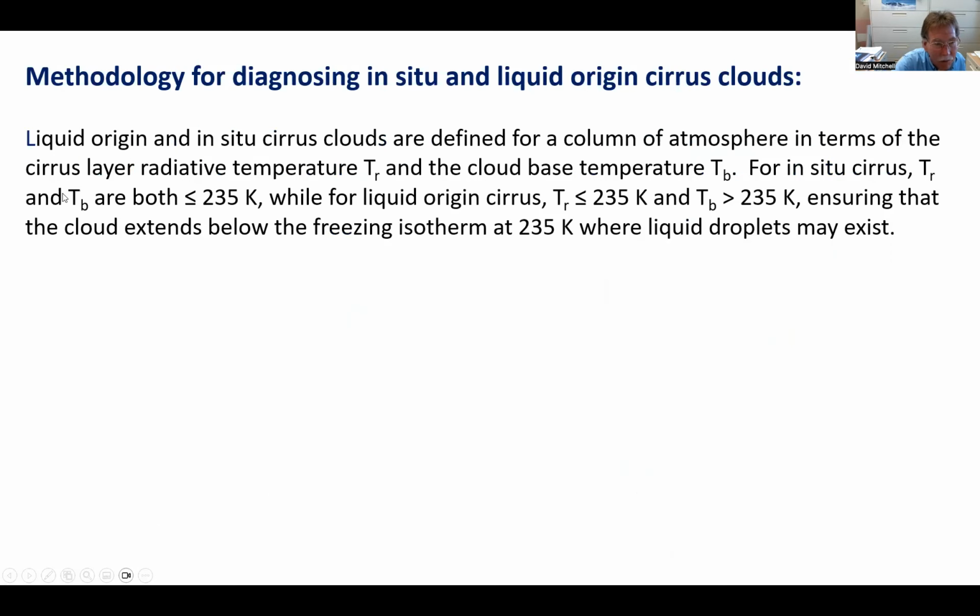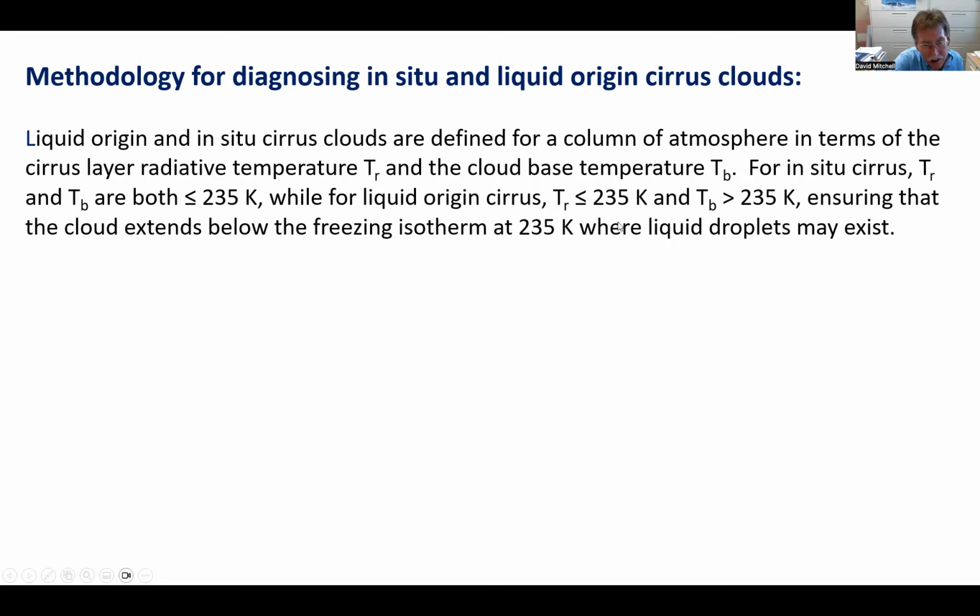And then for liquid, we also wanted to differentiate between liquid origin and in situ cirrus. The way we did that was we defined a column of atmosphere in terms of the cirrus layer radiative temperature, TR, and the cloud base temperature, TB. For the in situ cirrus, TR and TB are both less than or equal to 235 Kelvin, which is our definition of cirrus.